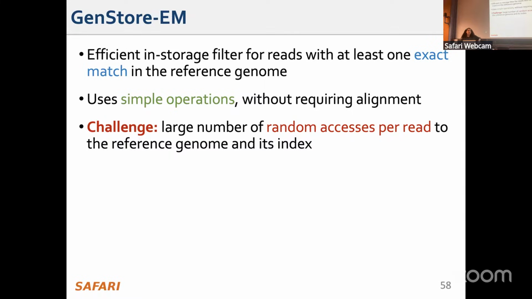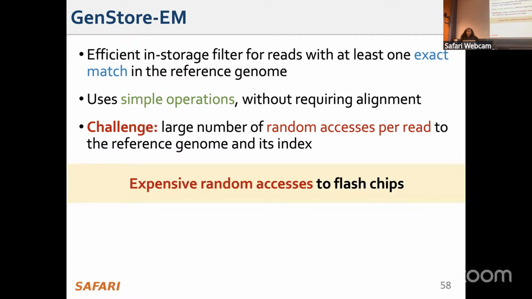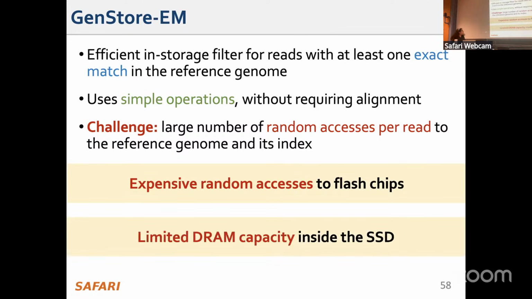You have seen that we extract these k-mers and we need to look up the index and the reference genome, right? And handling that inside the storage system is difficult because of expensive random access to the flash chips, the contention that can be caused, and also we have relatively less bandwidth compared to what we would have in the main memory of, let's say, a larger scale system.